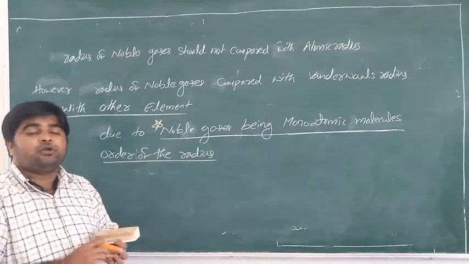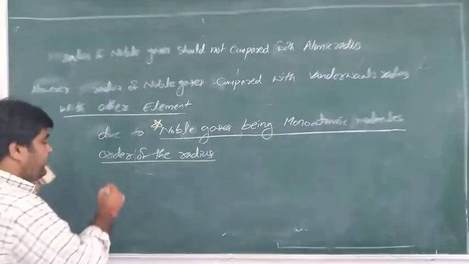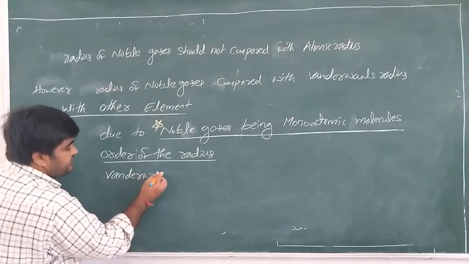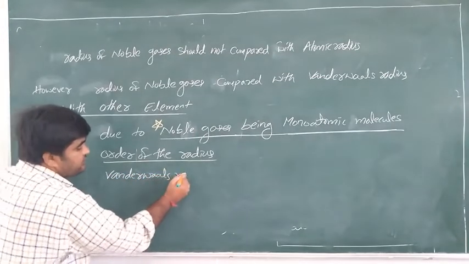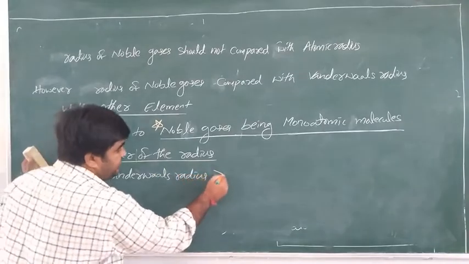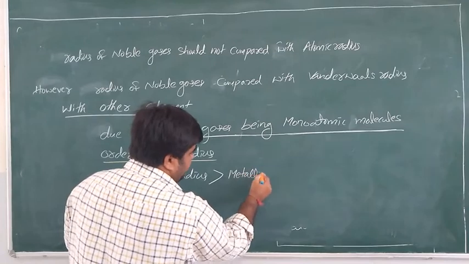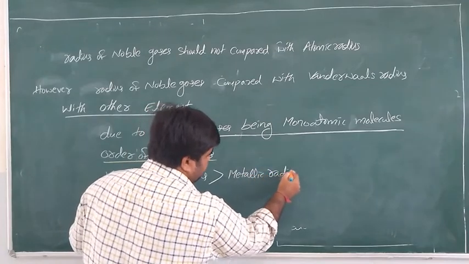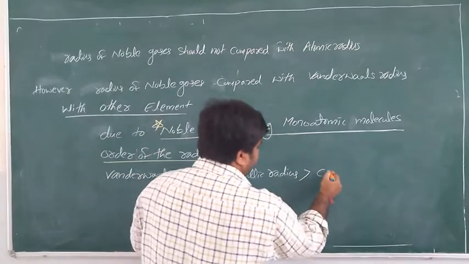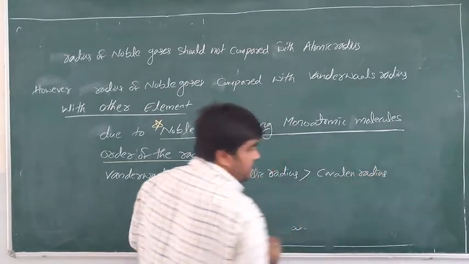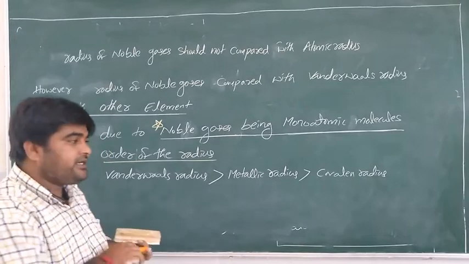Van der Waals radius is the larger distance, more than metallic radius. This is the crystal radius, the metallic radius. Then covalent radius. Covalent radius is very short.